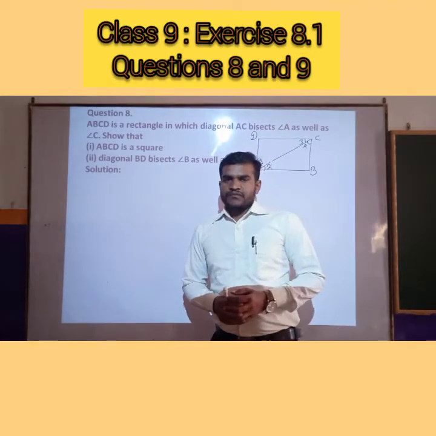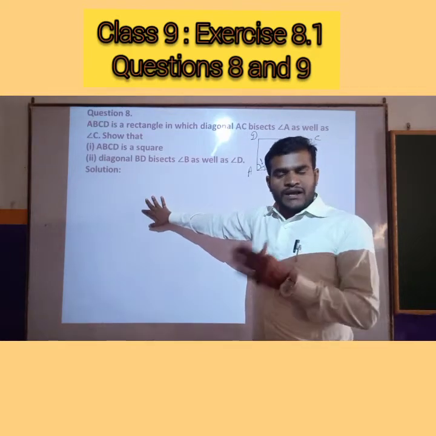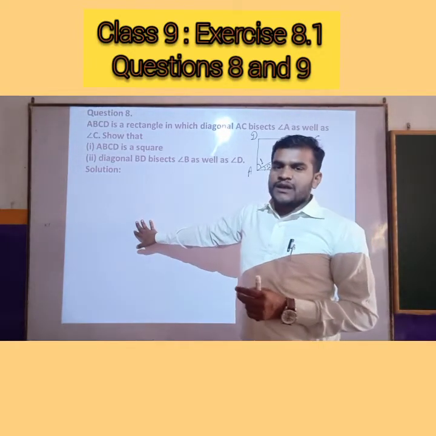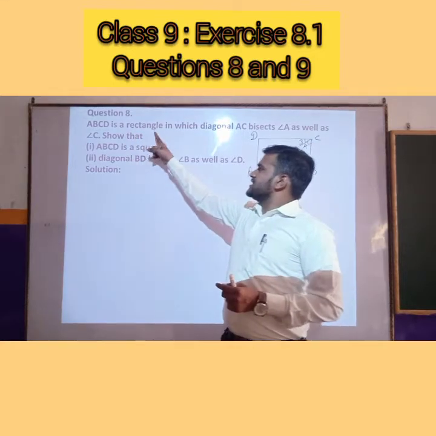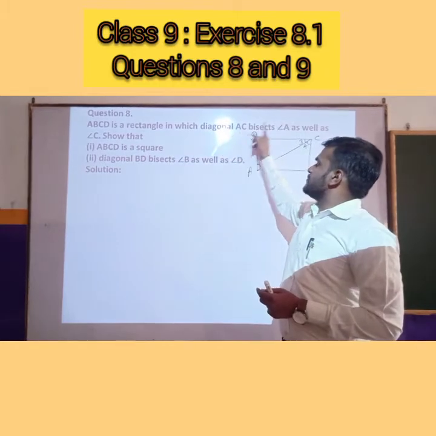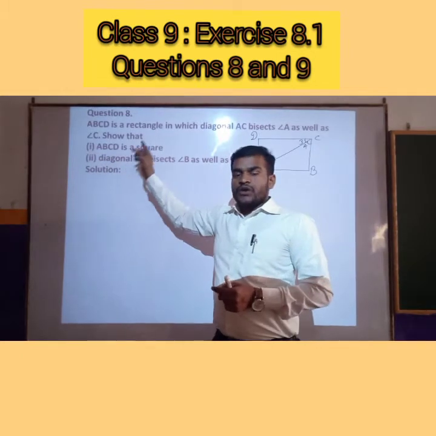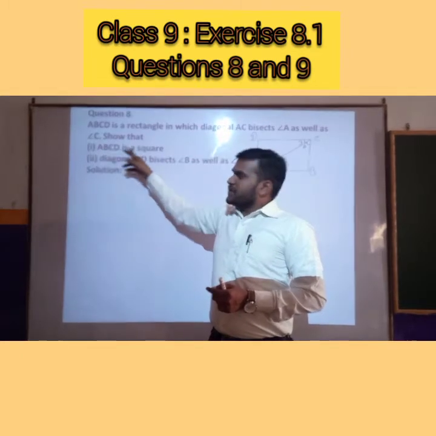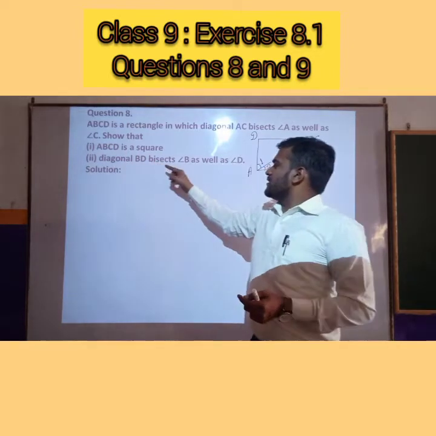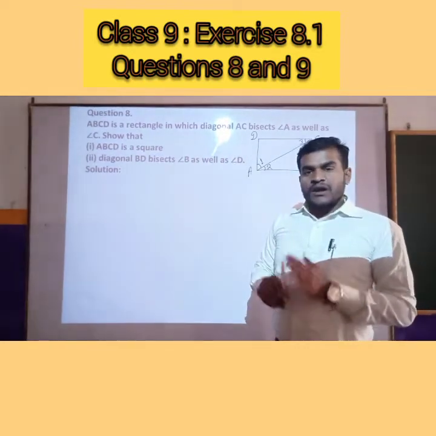In this class, we will solve question number 8 and 9 of exercise 8.1. In question number 8, given that ABCD is a rectangle in which diagonal AC bisects angle A as well as angle C, show that ABCD is a square and diagonal BD bisects angle B as well as angle D. What is given?